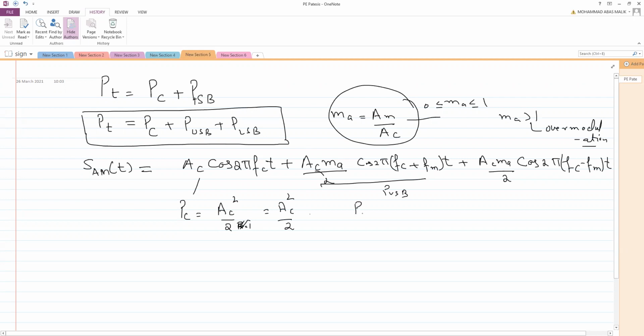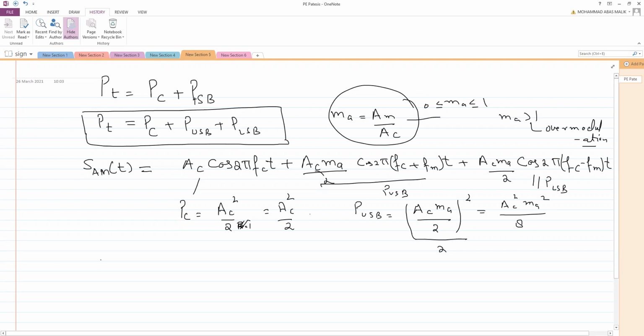You can say upper sideband value is equal to (AC MA divided by 2) whole square divided by 2. So this value will be equal to AC square MA square divided by 4 into 2, that's 8. Similarly, this value will also be the same, that is the lower sideband.